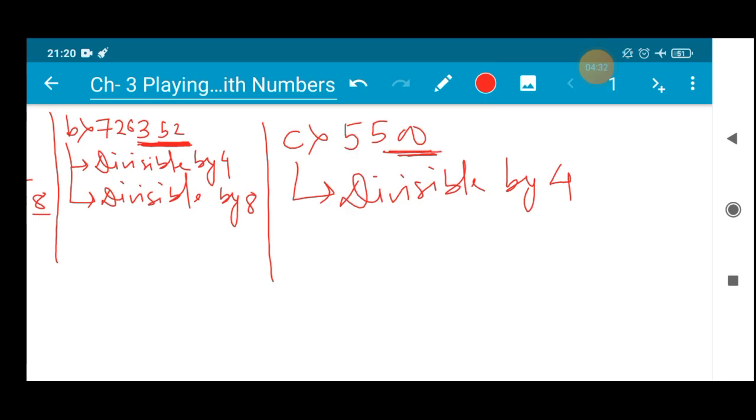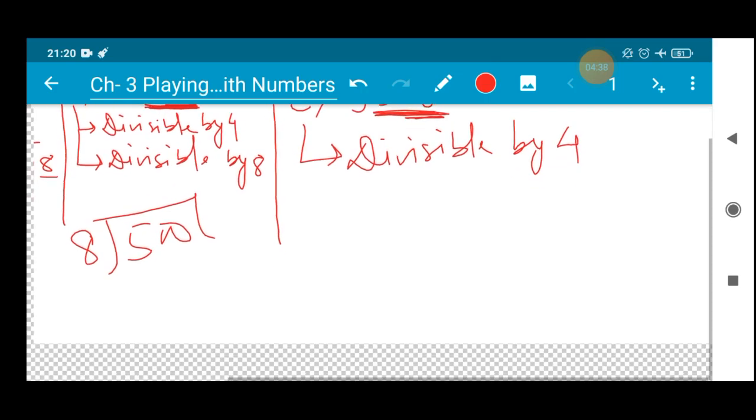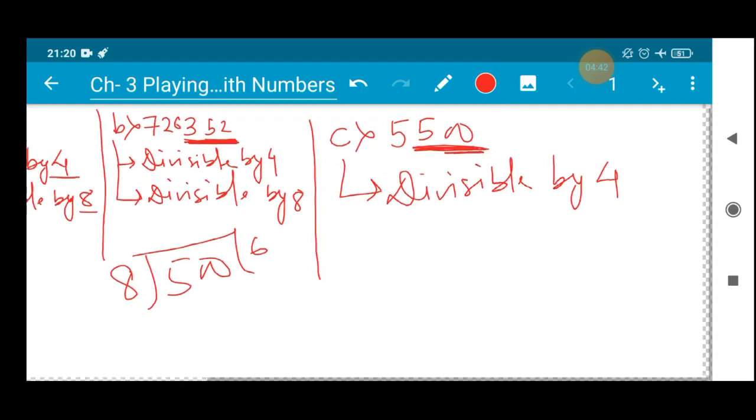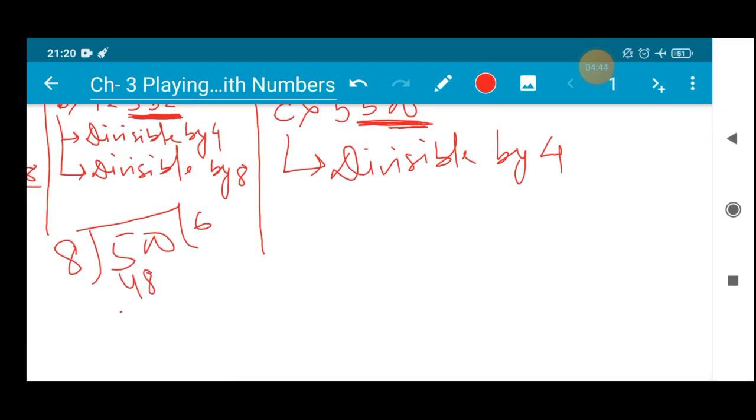Now for 8, the last 3 digits should be checked. 500, 8 sixes are 48, 8 sevens are 56. So 8 sixes are 48 will be done, 2, 0. Now 8 twos are 16. So now here you can see the remainder.